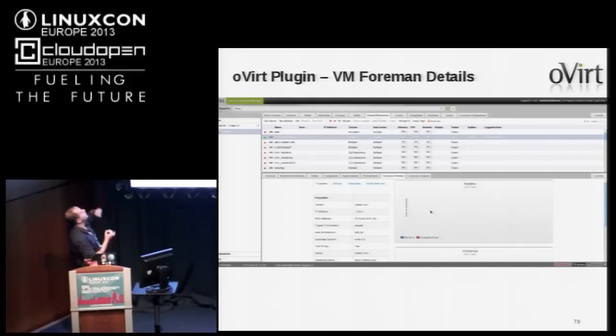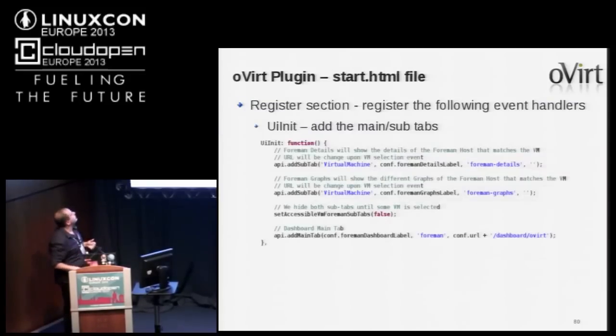I have a new sub-tab here for Foreman details, and I have a VM selection changed event in order to change the URL that I'm showing in the sub-tab according to the VM that I selected. And if I selected more than one VM, then the sub-tab is irrelevant. So is the flow clear? So that's another use case.